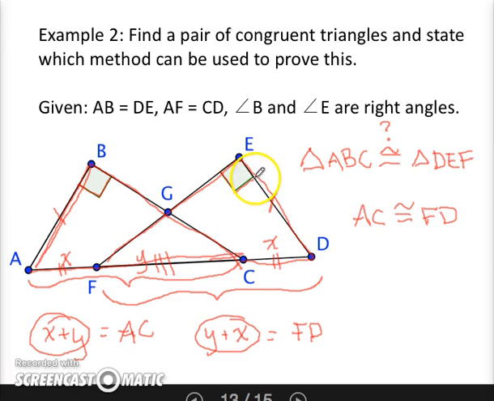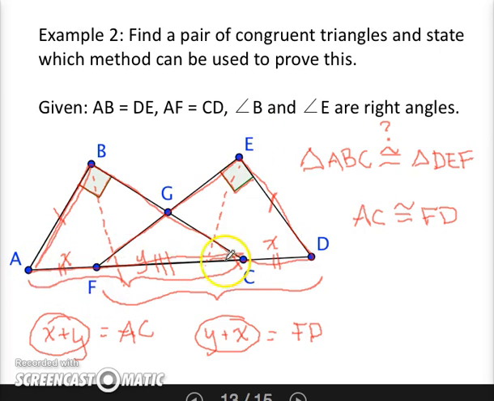Let's just make sure that we have the hypotenuse and a leg of both of these triangles. Is AC the hypotenuse of triangle ABC? Well, it is because it is directly opposite from the right angle. Is FD the hypotenuse of this triangle? Yup, because it's directly opposite from the right angle in triangle DEF.